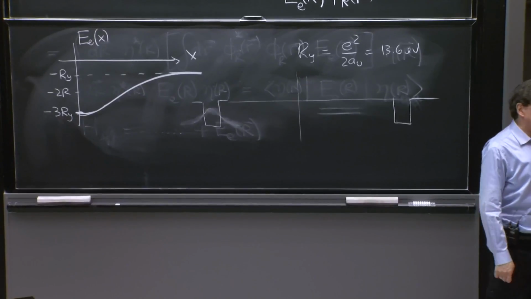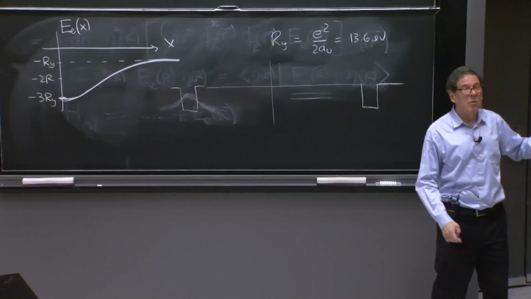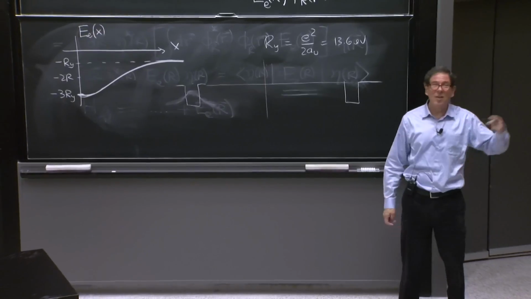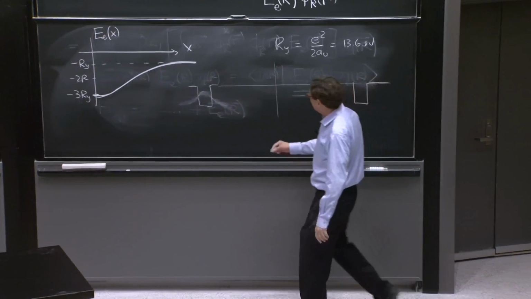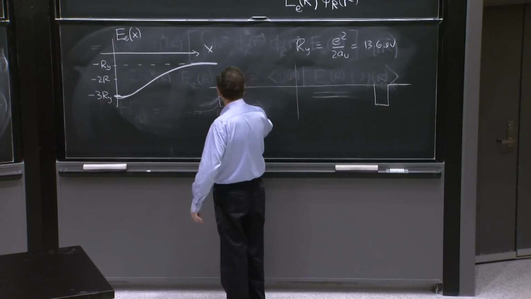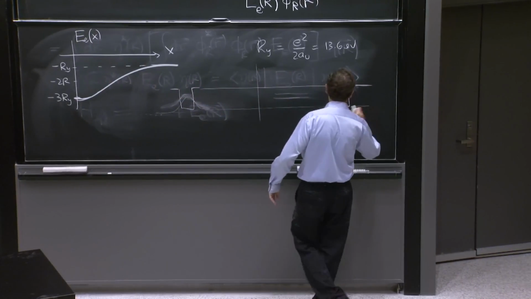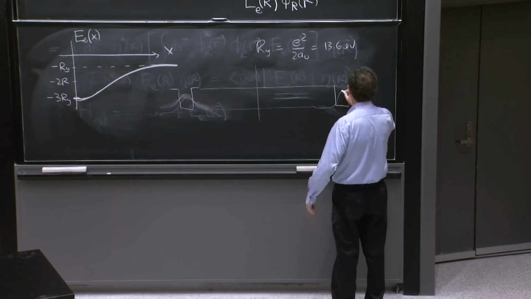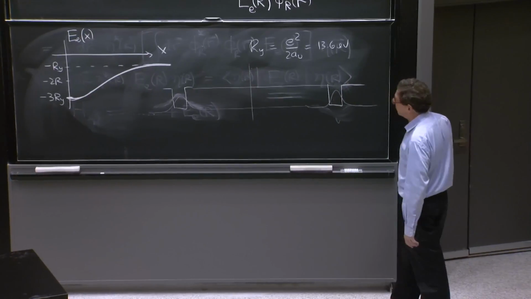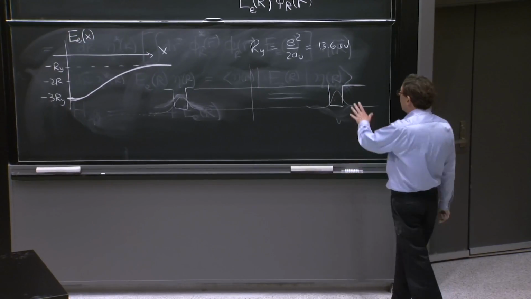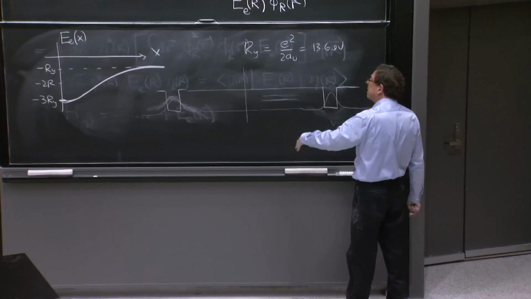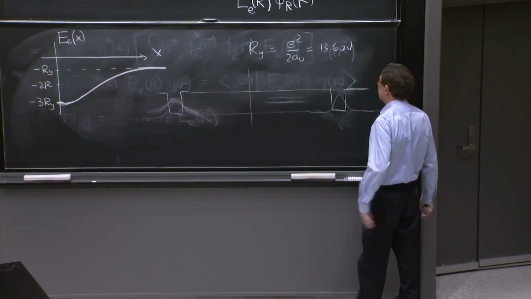The ground state energy is roughly equal to the ground state energy of a single square well. Because what happens is that the wave function goes like that, and then actually like that.